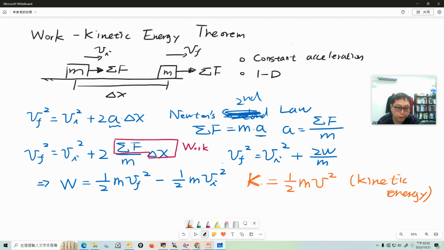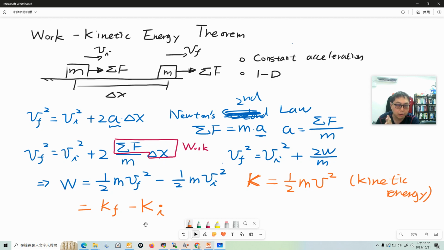So your work is equal to the final state kinetic energy minus the initial state kinetic energy. That's the conclusion of the work kinetic energy theorem: your work is equal to the kinetic energy difference between the final state and initial state.